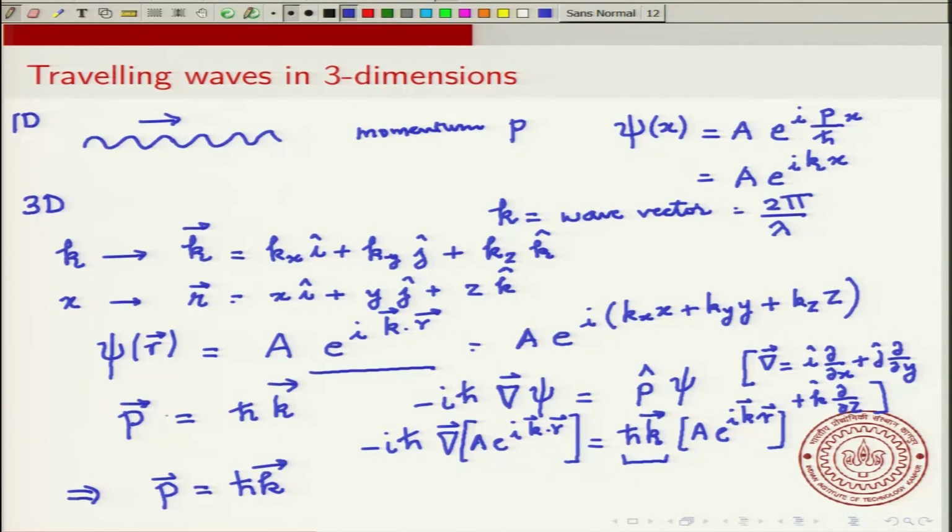It is travelling along the direction of k, because it has momentum h cross k. So k gives the direction of the wave, okay.